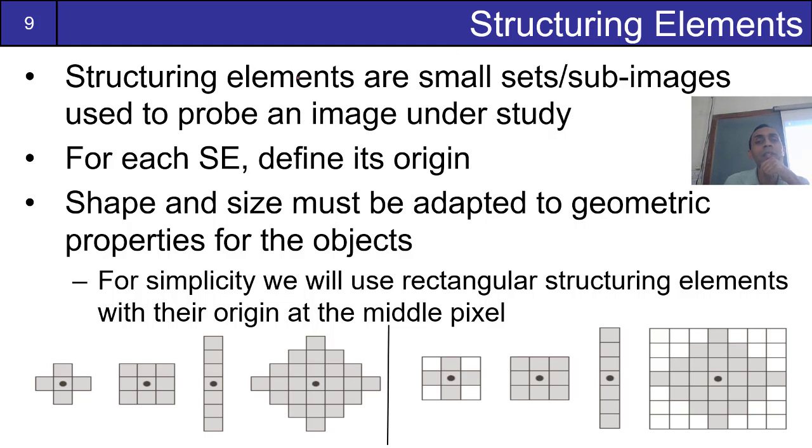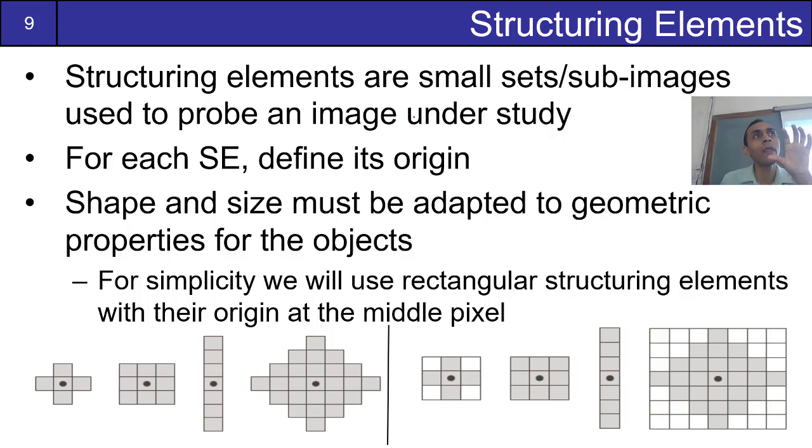So these structuring elements are small sets or sub images which we'll be using to probe an image under study. Just like when we were taking a particular Gaussian kernel or derivative kernel or filter, we were applying the correlation operation on the image and getting an appropriate result according to the kernel.